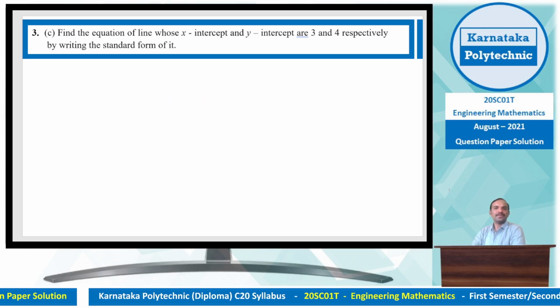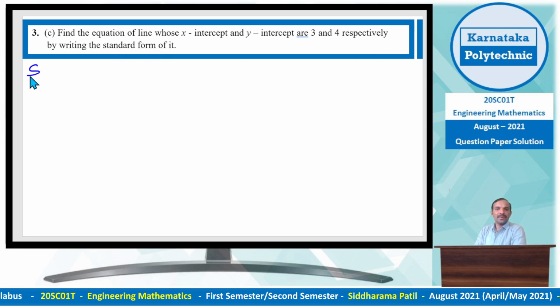Next, moving to 3c. Find the equation of the line whose x-intercept and y-intercept are 3 and 4 respectively by writing the standard form of it. Solution.